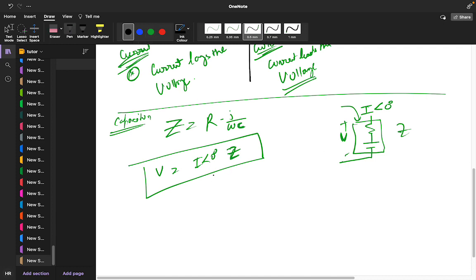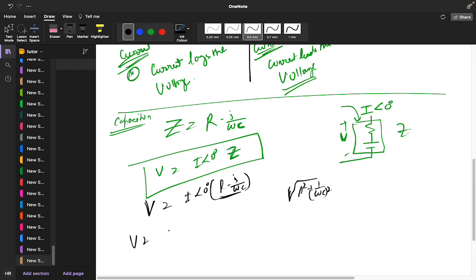So if you get to know these things, I at an angle 0 degree, and you have the value of Z equals R minus j by omega C. What is the magnitude of this? If you solve this, root under R square plus 1 by omega C the whole square.